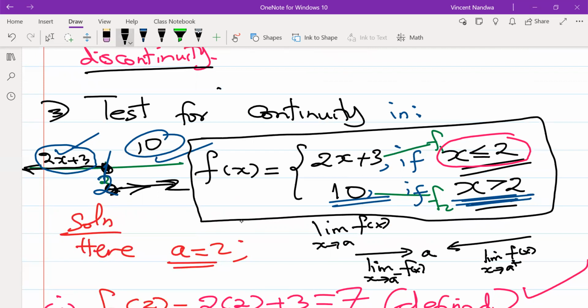I was only trying to explain that this f of x has two things which define it: 2x plus 3 when x is less than or equal to 2, and 10 when x is more than 2. So I called them F1 and F2 just for convenience, to know that there are two things defining the same f. There's nothing special with that.